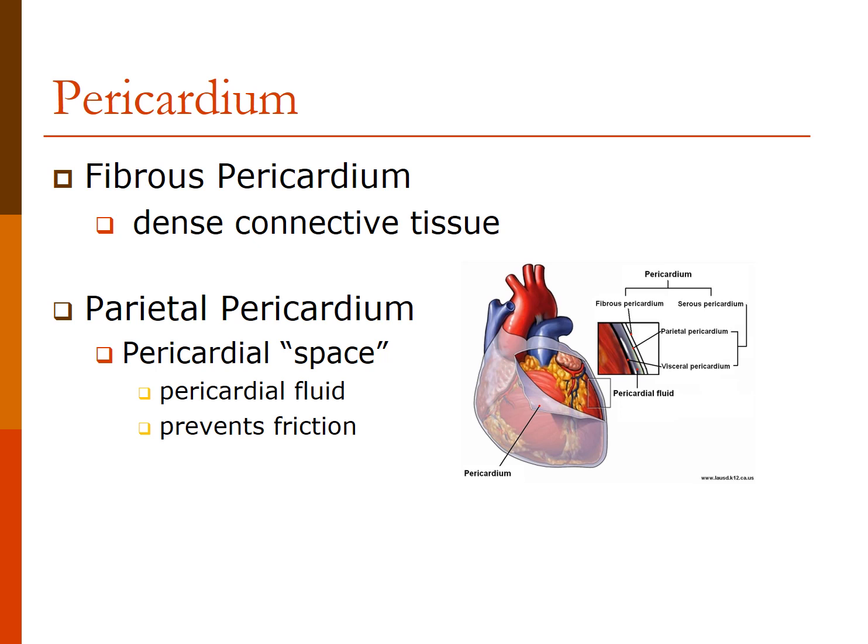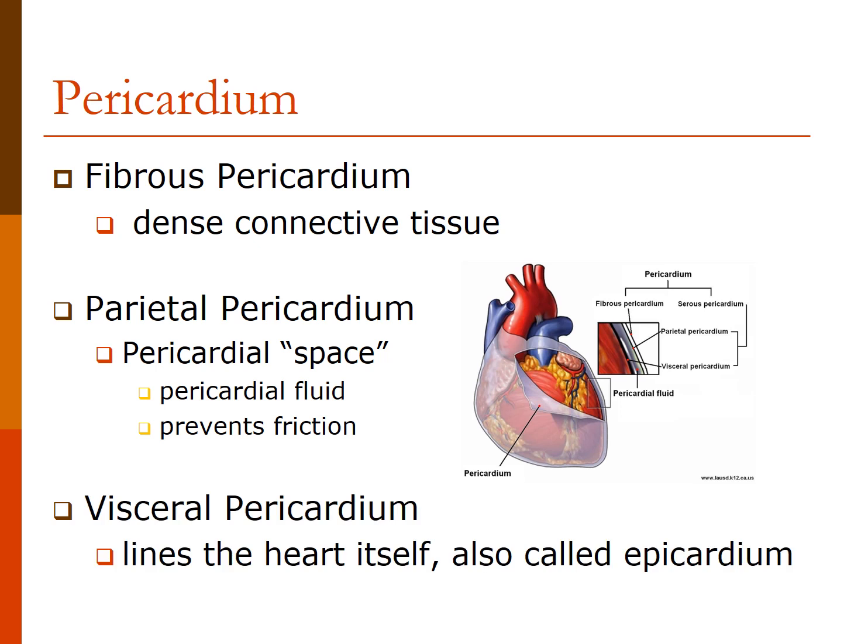Deep to that, you find the parietal pericardium. Beneath this is the pericardial space or cavity, which contains pericardial fluid. This prevents friction between the two layers. The innermost layer being the visceral pericardium.